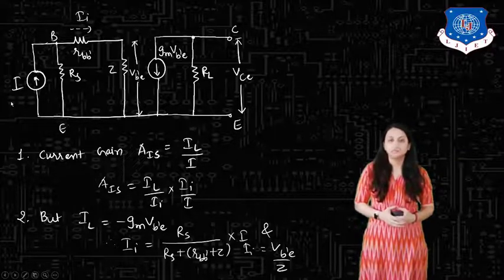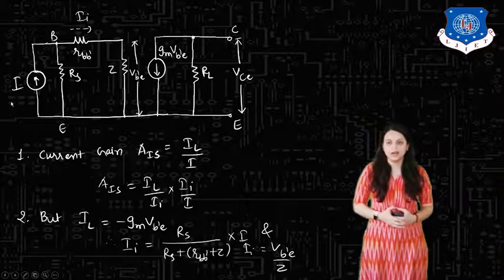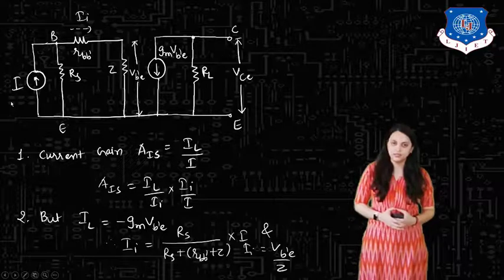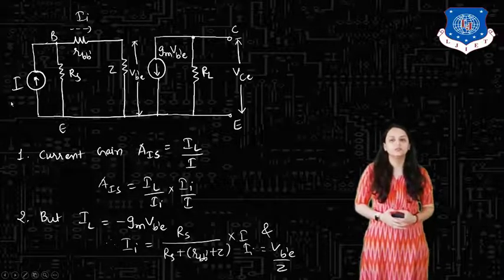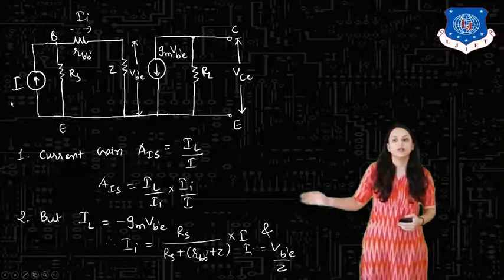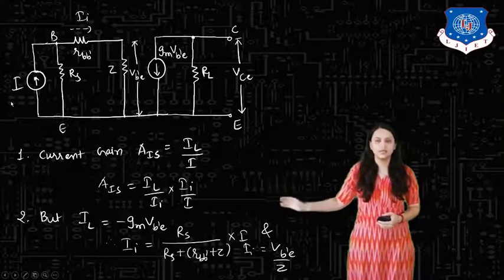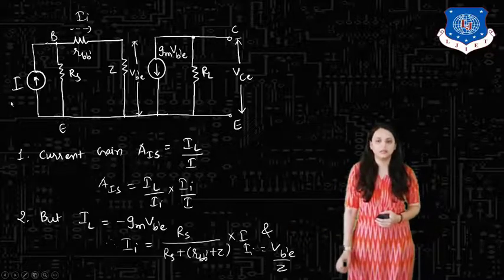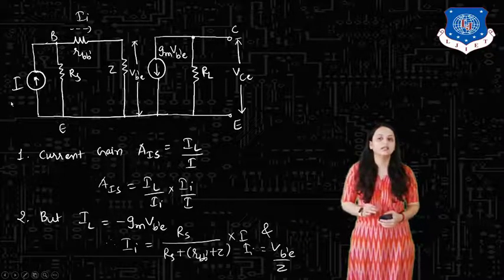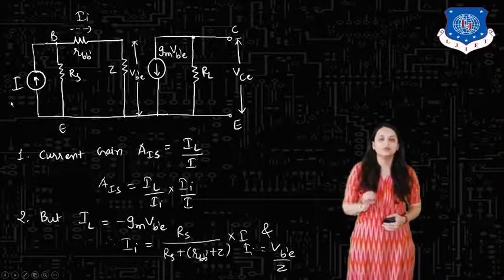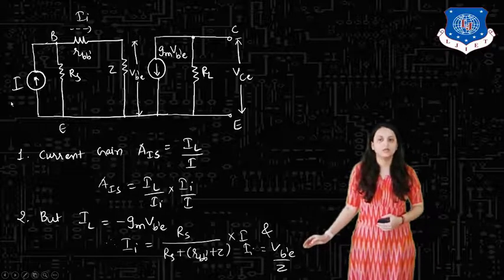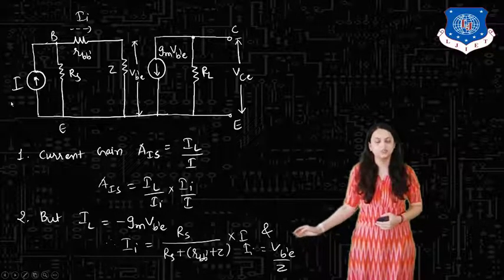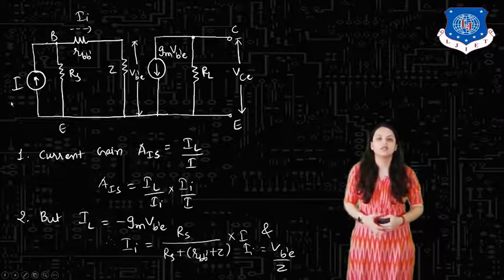For that, the current gain AIS is considered as IL by I, that is output load current IL and input current I. If we multiply and divide it with the input current Ii, then we will have the equation AIS equals IL by Ii into Ii by I. But here load current IL equals minus GM VB dash E. So Ii will be equal to RS upon RS plus RBB dash plus Z into I, and VB dash E equals Ii into Z.